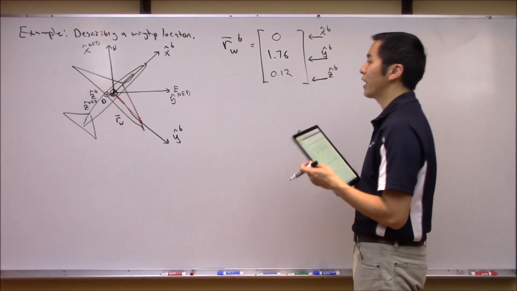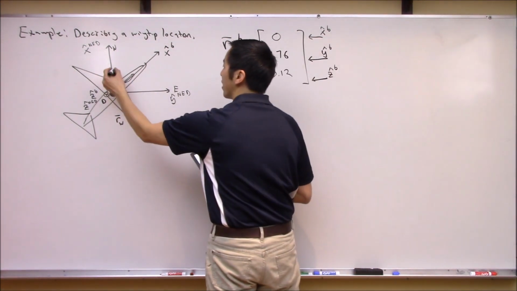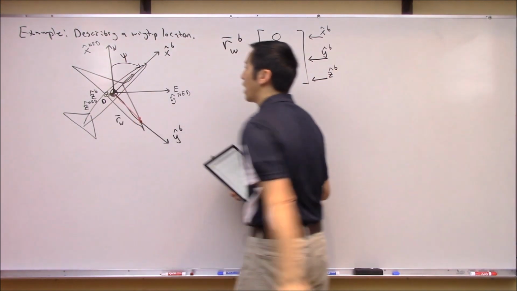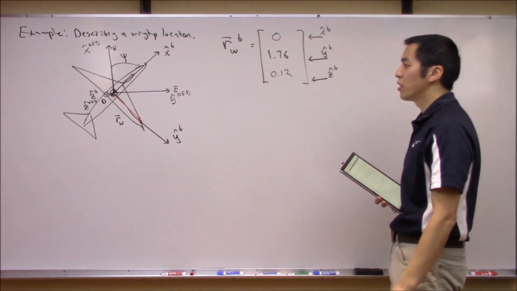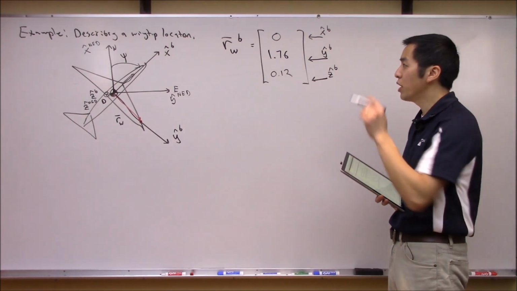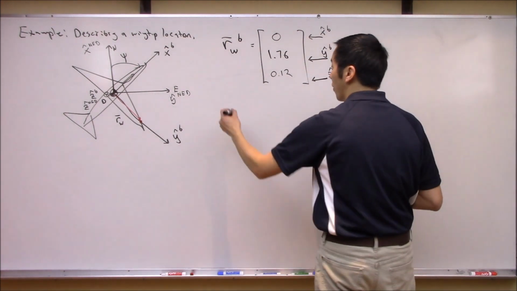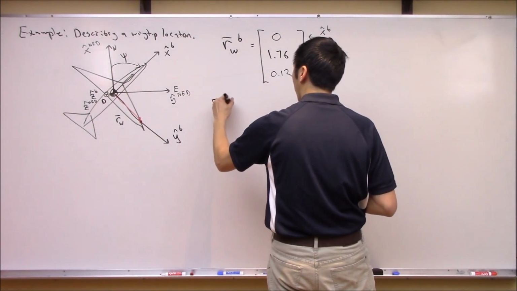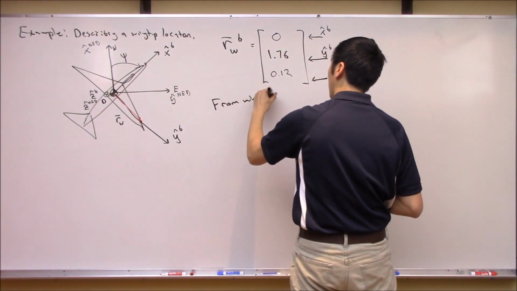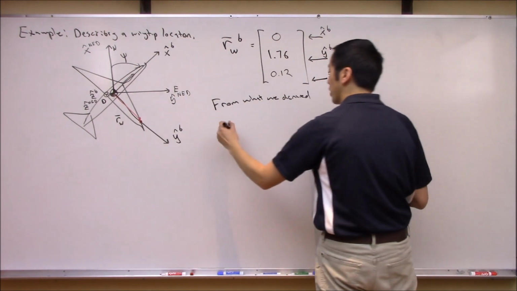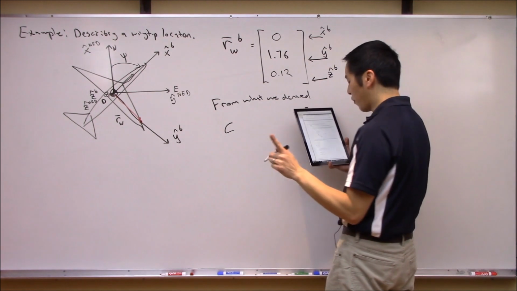So now what I'd like to do is, let's say that these things are now canted over and misaligned by this angle psi here, right? So this is the magnitude of the rotation between the body and the north-east-down frame. From last time, from what we just derived, we got to be real careful about what we did earlier.